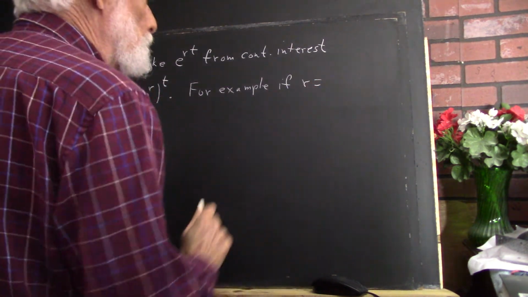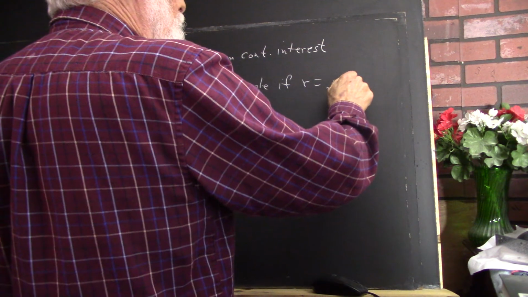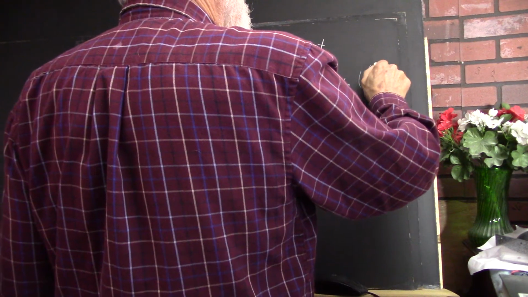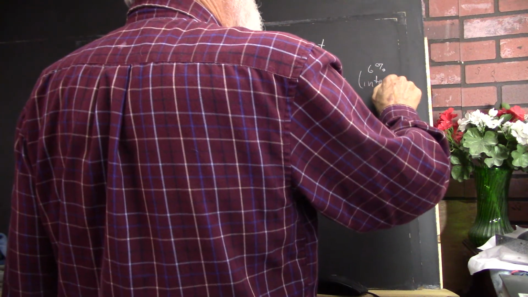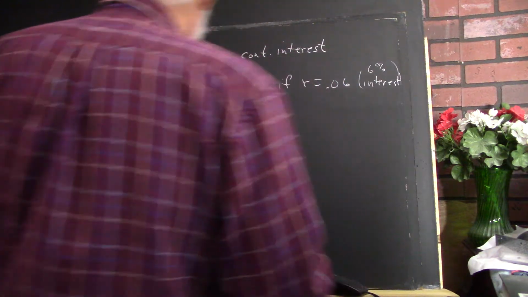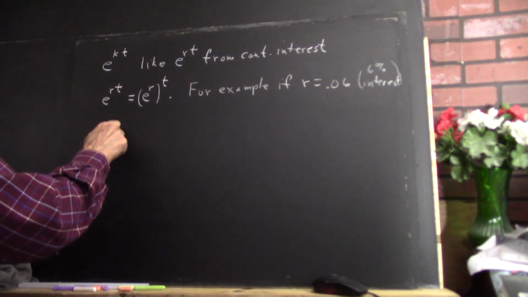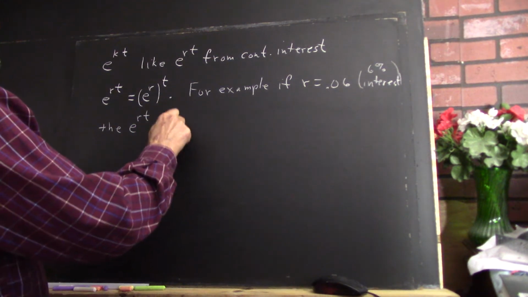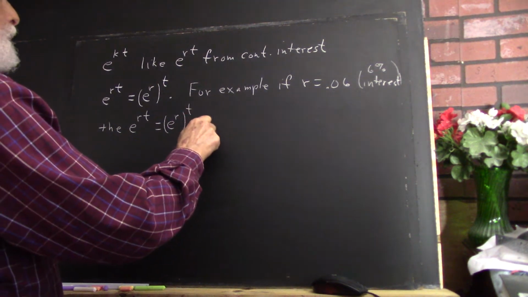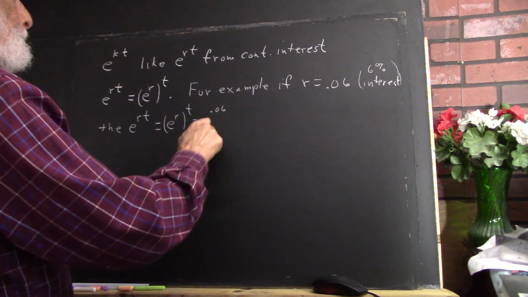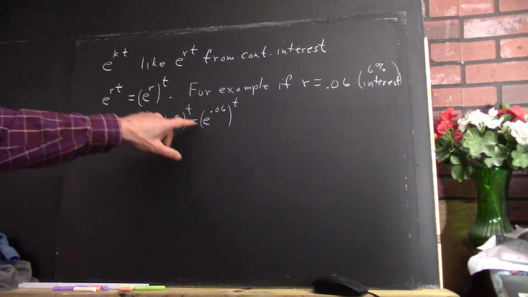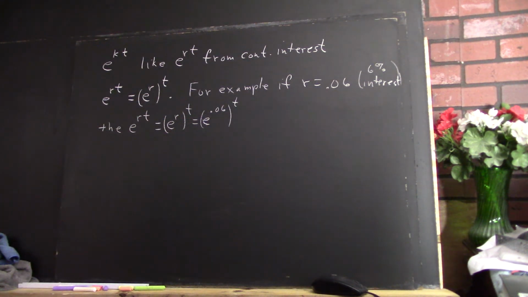So for example, if r equals 0.06, and that would be like 6% interest, and that would be e to the r raised to the t, which is e to the 0.06 raised to the t.